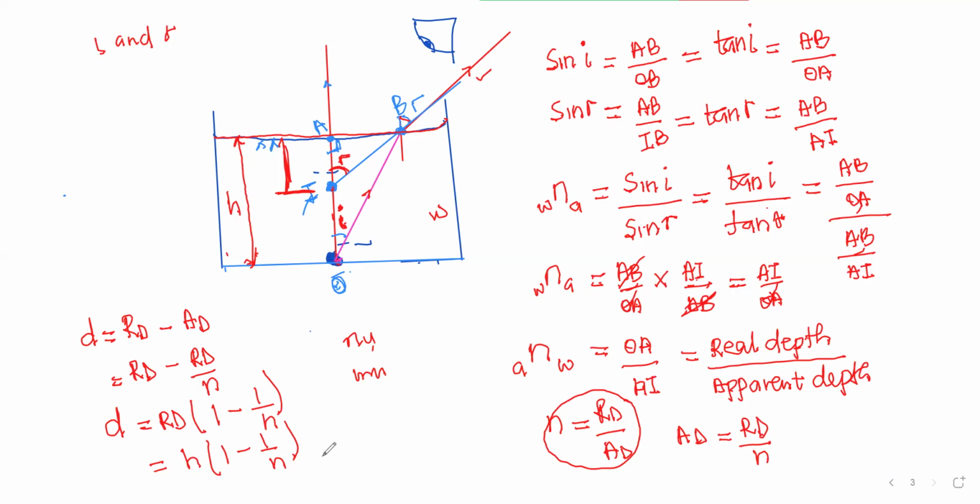I've sent 2 questions. The first one says that the speed of light in air and water are 3 times 10 exponent 8 and 2.25 times 10 exponent 8, respectively. Calculate the critical angle for water when light travels from water to air.